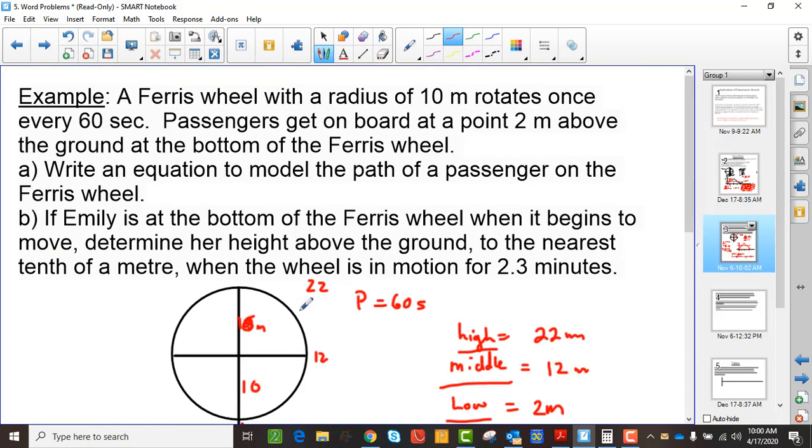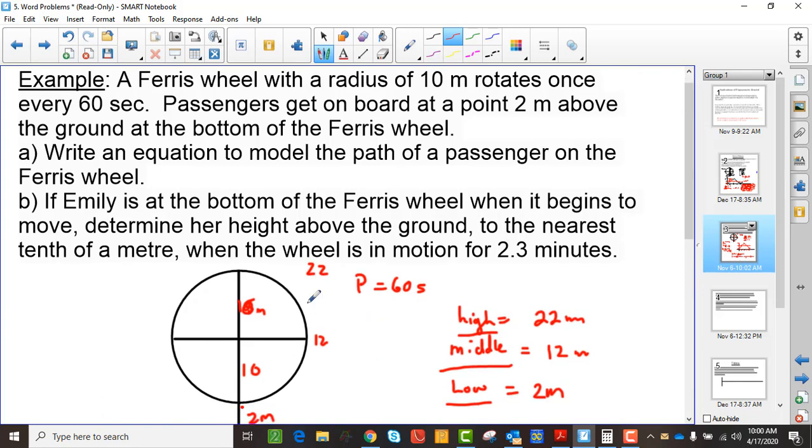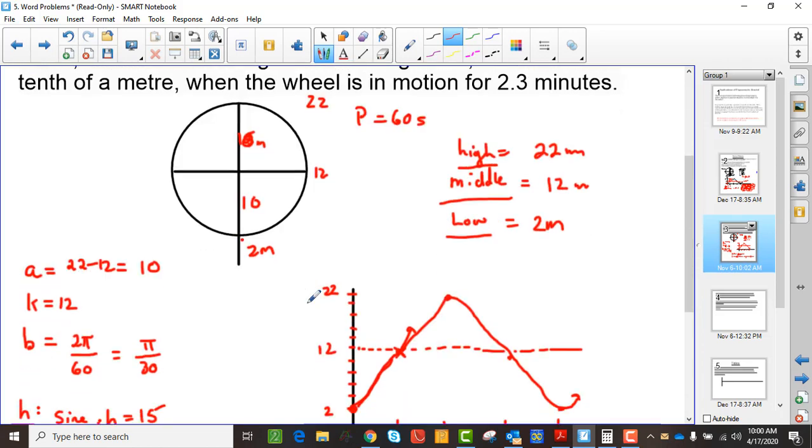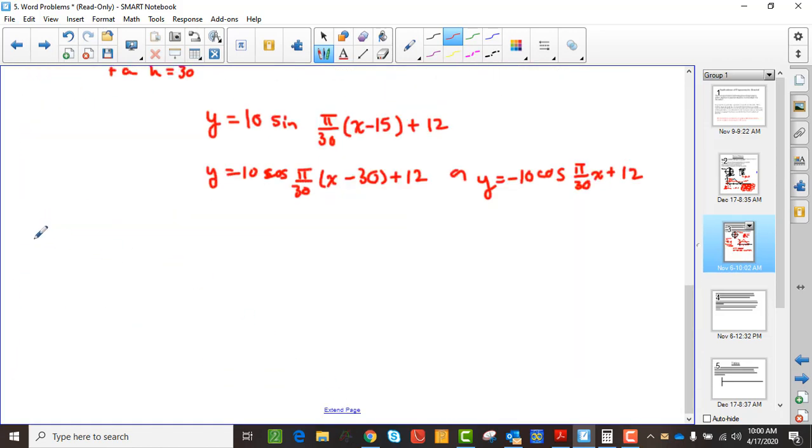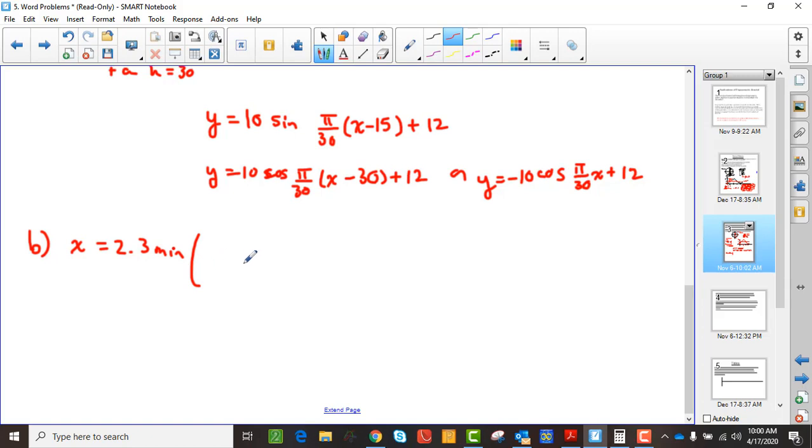The first part of this question said, write an equation. We just did. Now it says, where is she going to be when the wheel's in motion for 2.3 minutes? For part B, we're basically given an x value. We're told x is 2.3 minutes. Now our equation is in seconds, so we've got to multiply by 60 seconds in 1 minute.